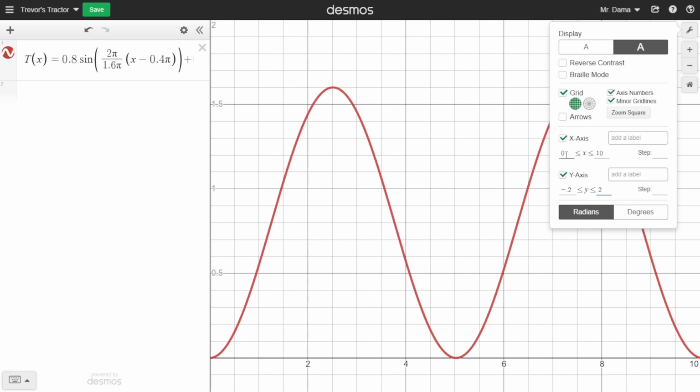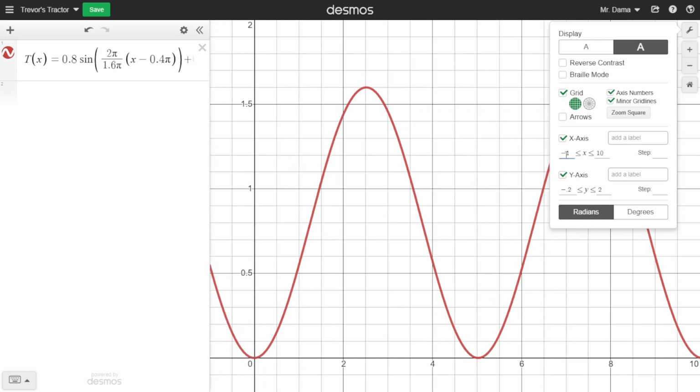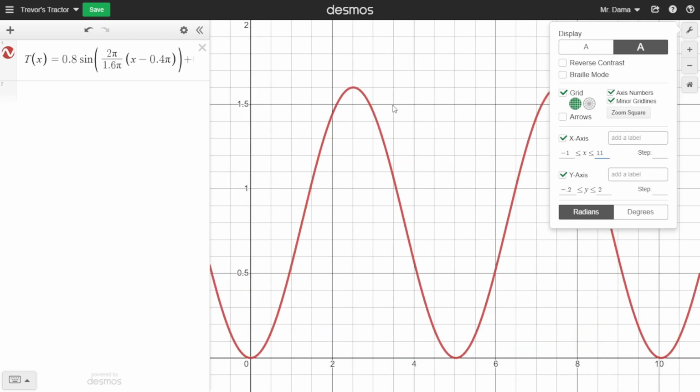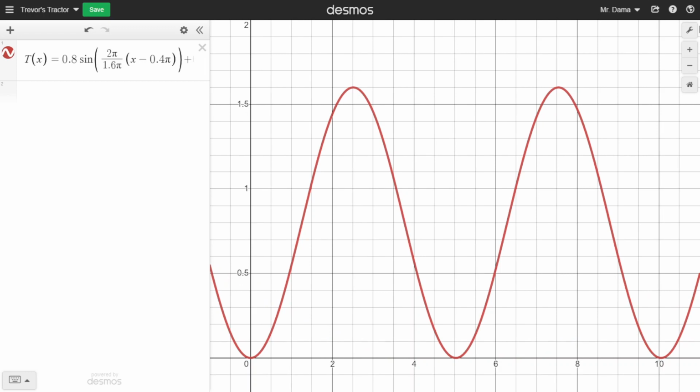We'll go from about negative 1 to about 11. Okay, that's really good to just have more than what you want on the graph. Okay, so this is the model, and let's see, it starts at the bottom, goes to the top, goes to the bottom, goes to the top. Fantastic. And let's see if we can do Fred's model as well.